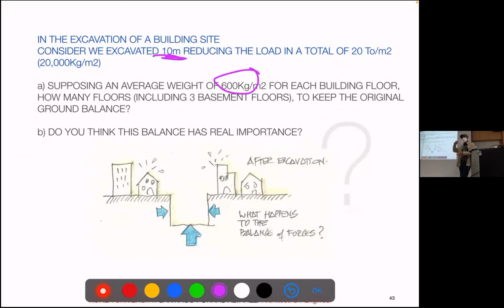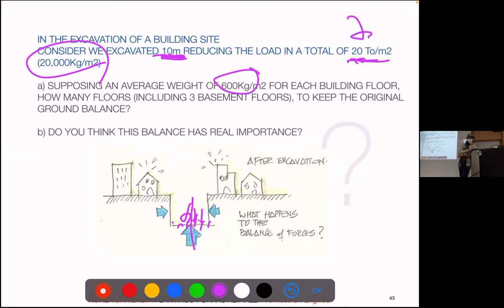Remember from materials that the earth ground is about 2 tons per cubic meter, right? So 1.6, let's say 2 tons to have round numbers. This is the density of the earth. Normal earth ground would be about 1.6 or so, right? But say 2. So if you excavate 10 meters, we are taking out of this bottom like 20 tons per square meter, right? This used to have 20 tons per square meter. Now it doesn't have.